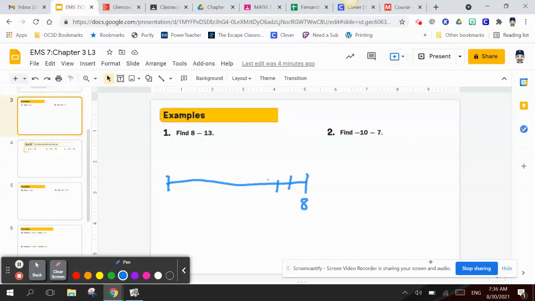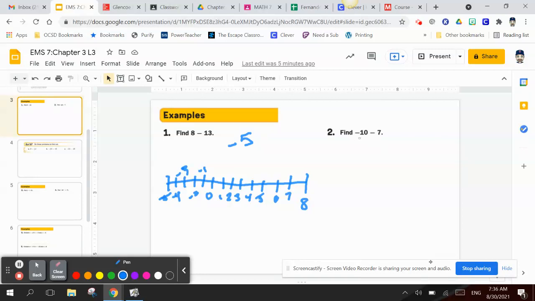So 1, 2, 3, 4, 5, 6, 7, 8, 9, 10, 11, 12, 13. So if I know that that's 7, 6, 5, 4, 3, 2, 1, 0. This would be negative 1, negative 2, negative 3, negative 4, negative 5. So my answer is negative 5.